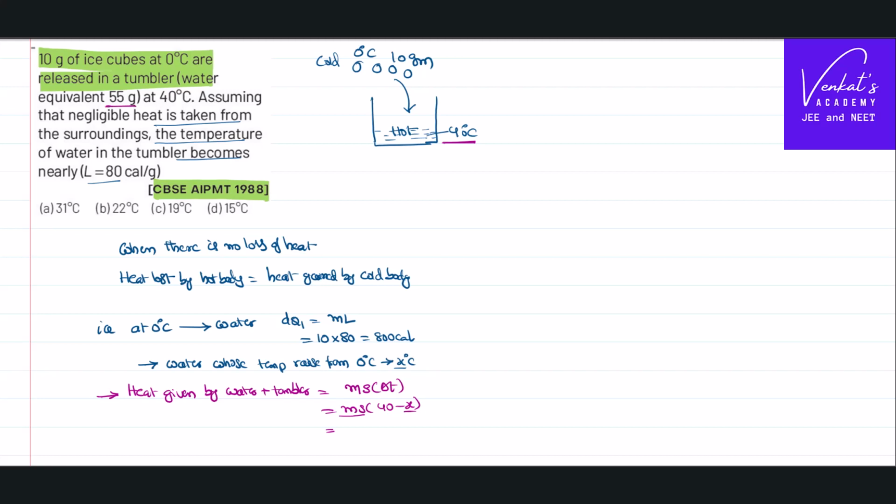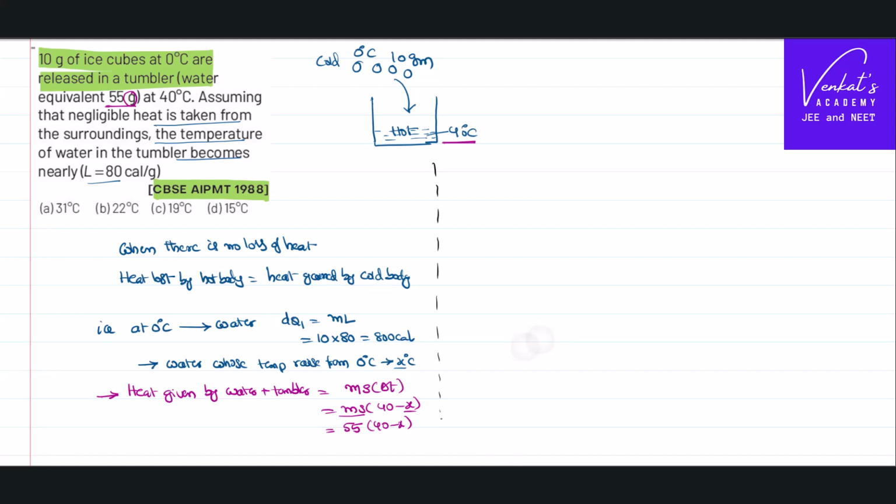Water equivalent's numerical value is similar to that of the thermal capacity, though the unit is grams. So the m into s, thermal capacity, is given to you as 55 into 40 minus x. So I can write now heat lost by the hot body equal to heat gained by the cold body according to principle of method of mixtures.